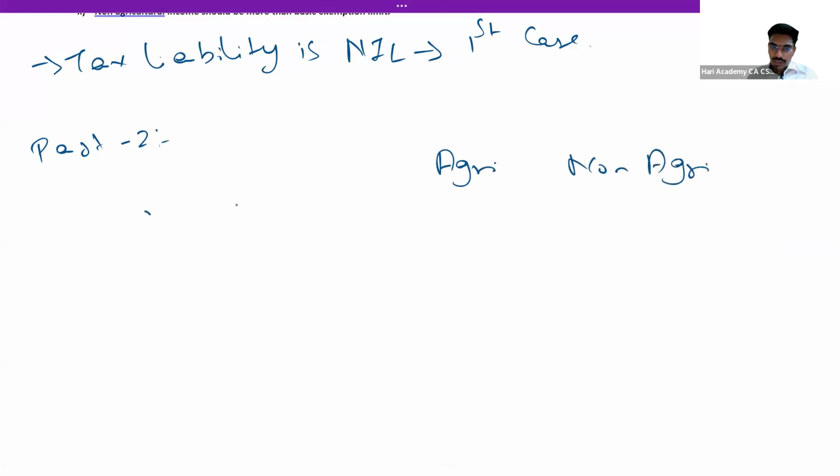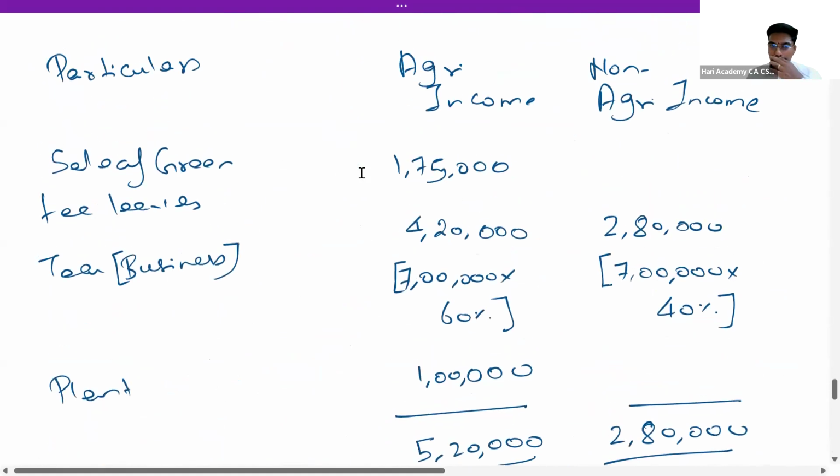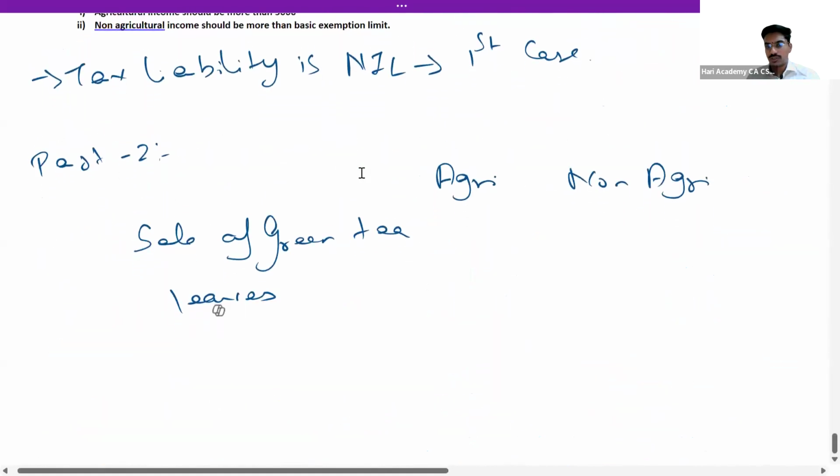In agri income, the first one is sale of green tea leaves. In the sale of green tea leaves, it is totally agricultural income. There is no change in that. It is 1,75,000.